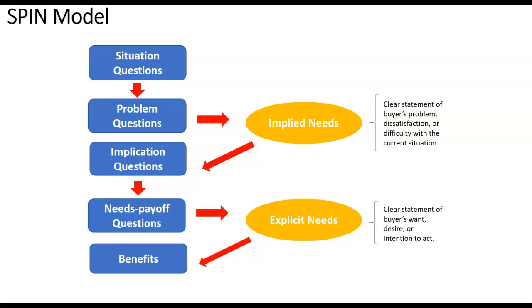From there, I ask my implication questions. What is the impact of these current problems? Then to needs payoff, about a future and a solution, which brings out explicit needs. So what they're wanting, that they want to take action. From there, I can then present benefits, which I do in the next step, which is the presentation.